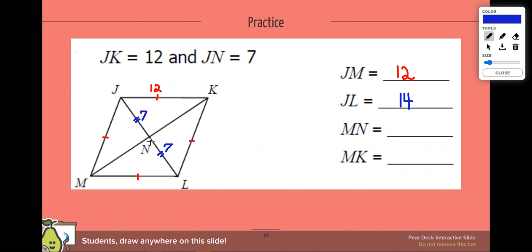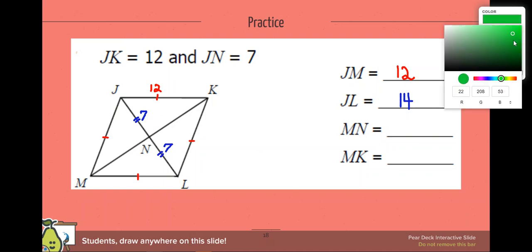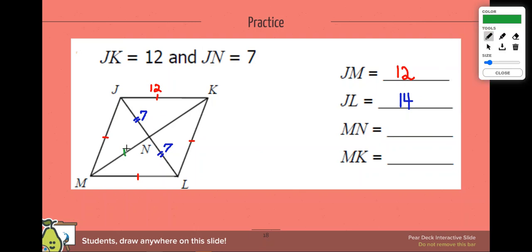Now we're trying to find MN. So if I have MN, that's going to be a different section. So MN, if I'm looking for that, let's make that x. I know that that length can be found using the Pythagorean theorem.